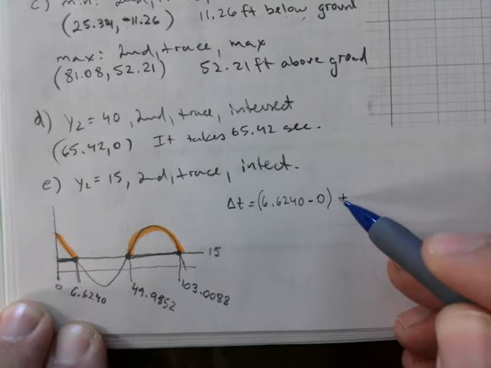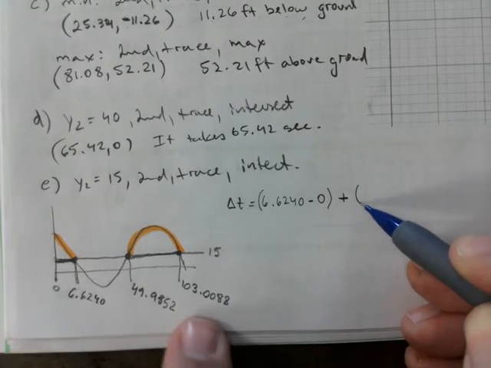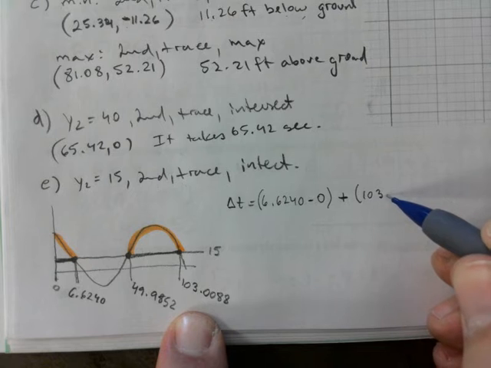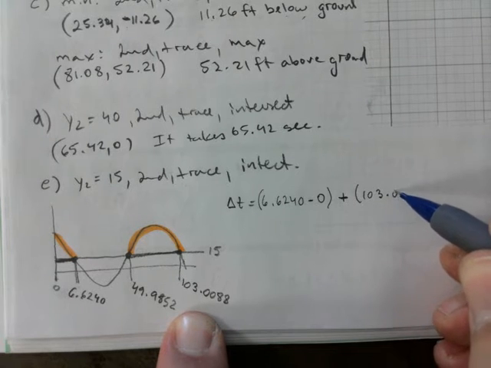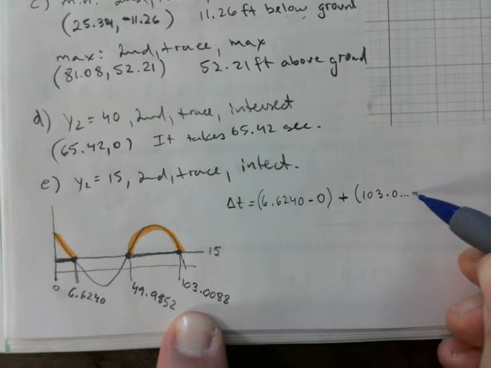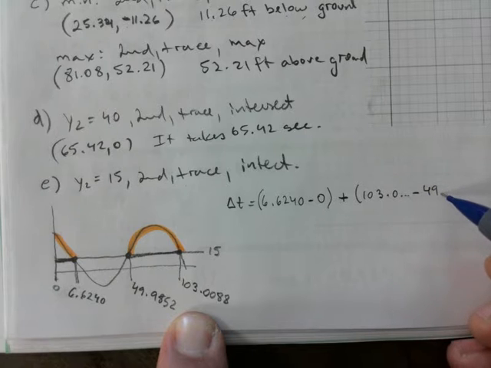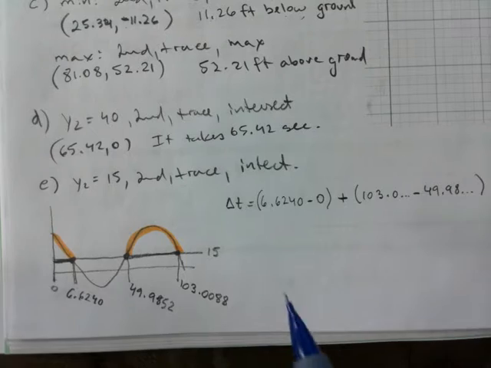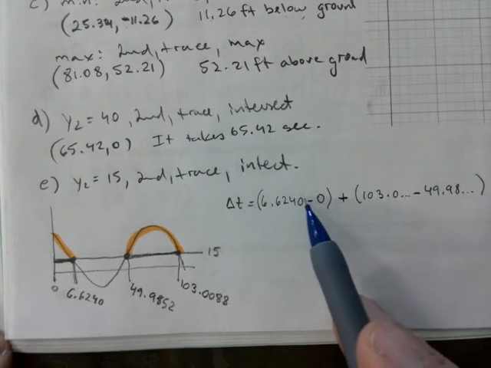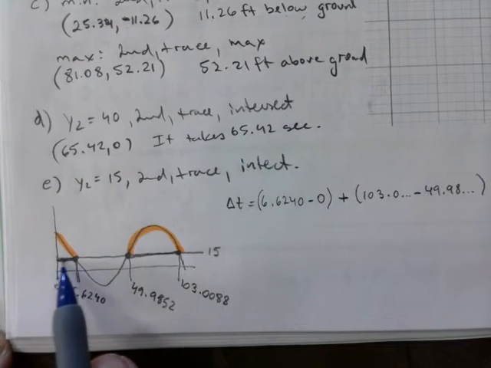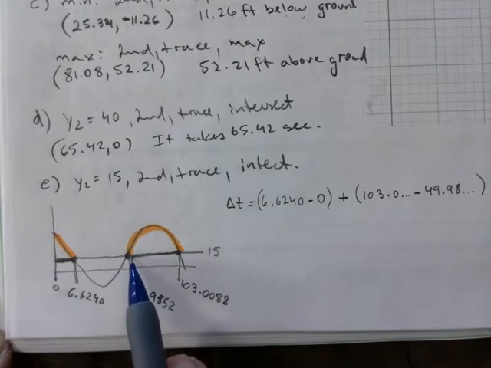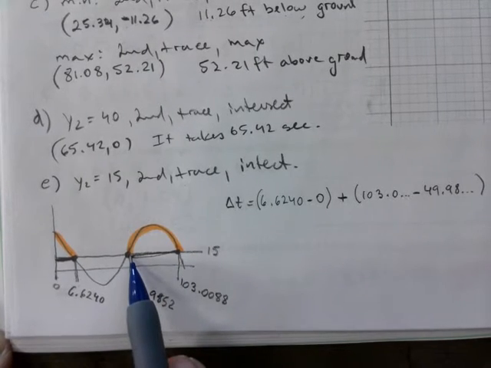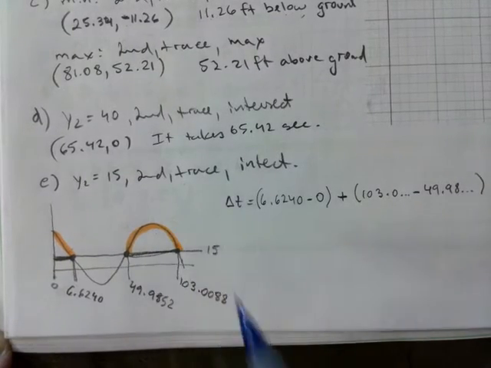Plus, guys, 103.0, and that keeps going, minus 49.98. So you've got to take the difference between these two points, then take the difference between these two, and you have to add them up to find the total, right?